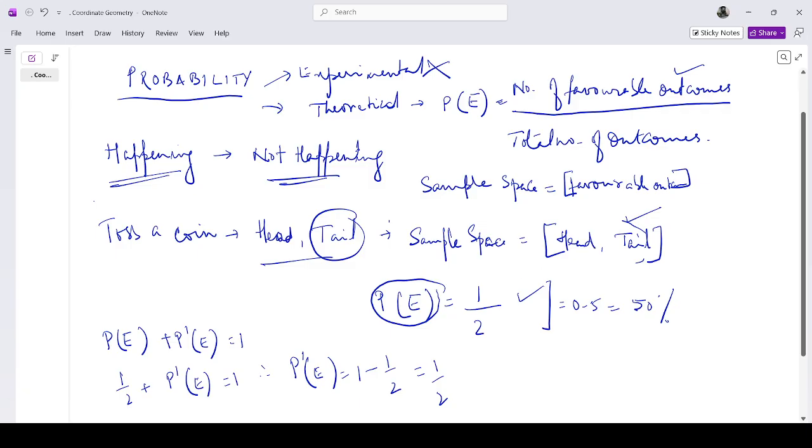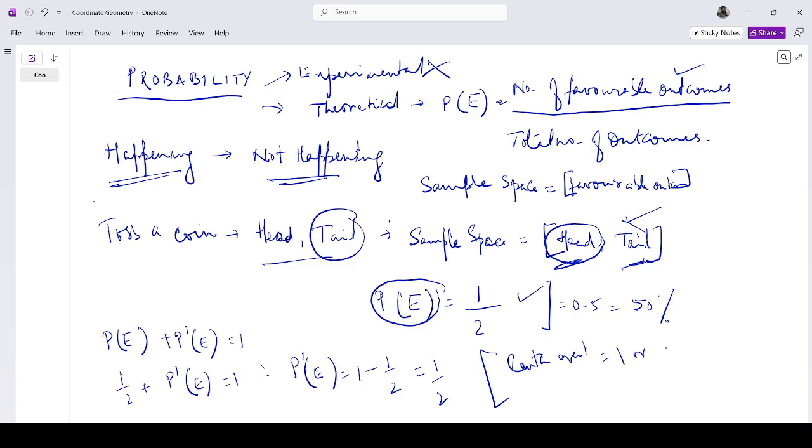So not getting head also has a chance of 1 upon 2. When we add these two, 1 upon 2 plus 1 upon 2, that is equal to 1. So the probability of a certain event is equal to 1 or 100%.